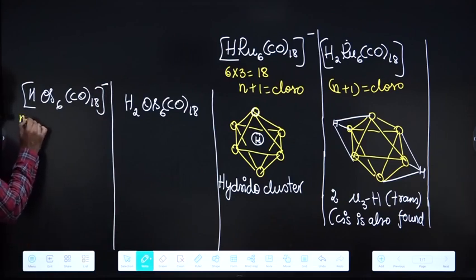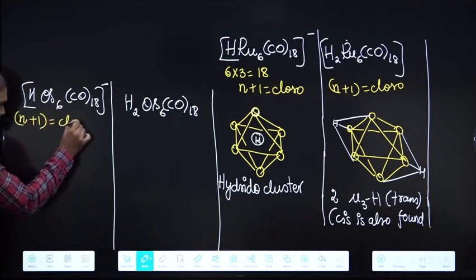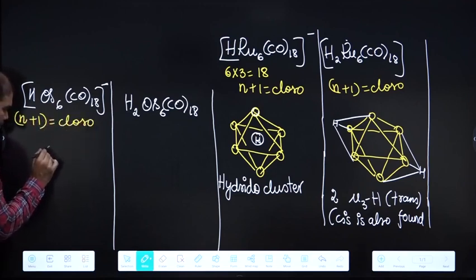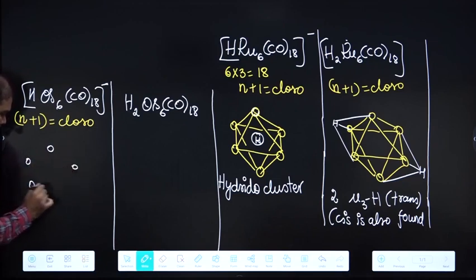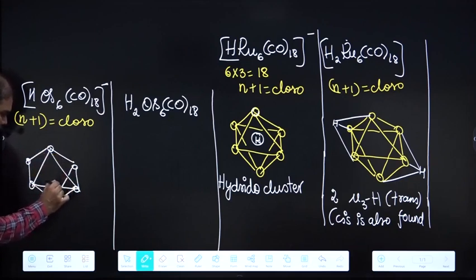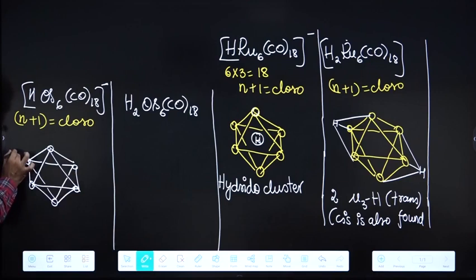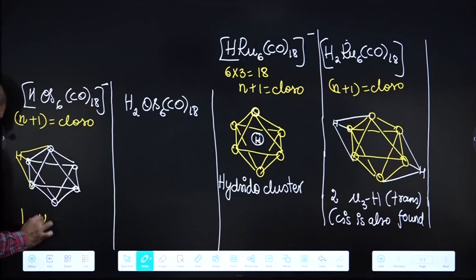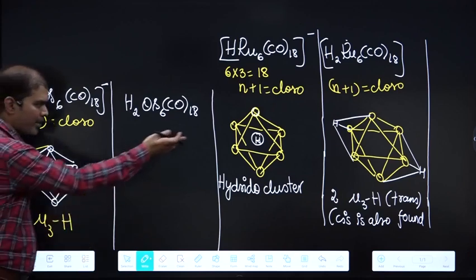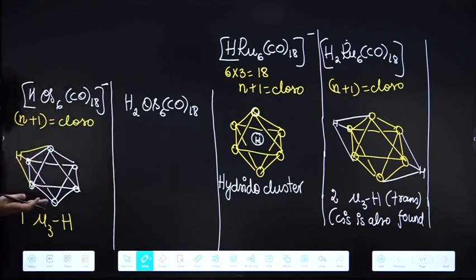Closo, n plus 1, closo. Every example is a unique example. In this case, there was only one hydrogen which is found to be triply bridging. So whenever this example is given, I don't know whether I have to put it as interstitial, terminal, doubly bridging or triply bridging. So directly you have to learn the structures.